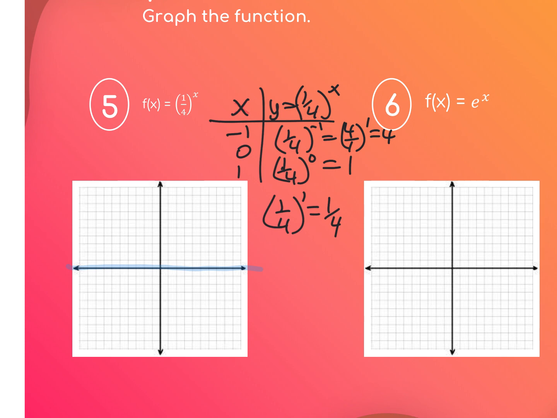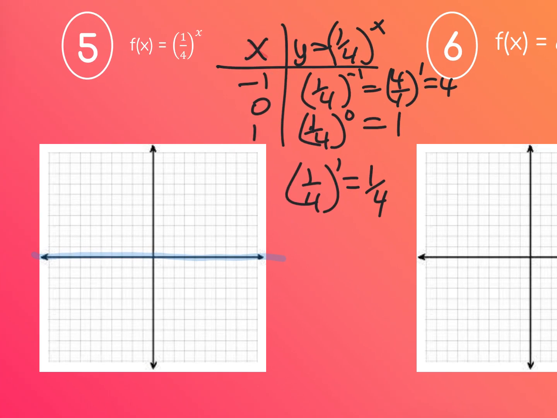So I'm going to graph these 3 ordered pairs. -1, +4. And 0, 1. And then the 1 and the 1/4. Again, in the general vicinity here. Again, it's skimming along the asymptote.